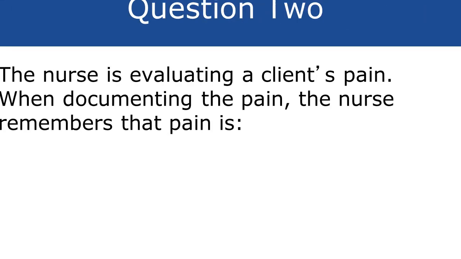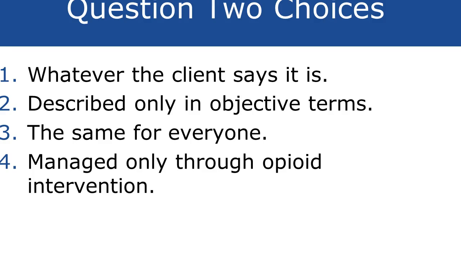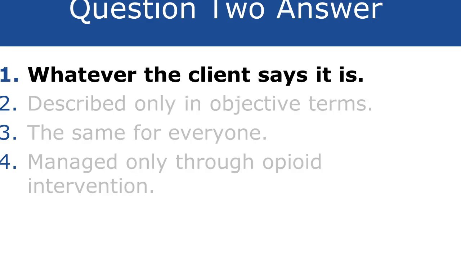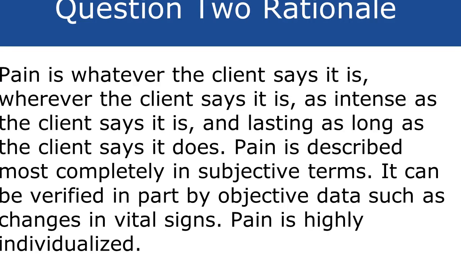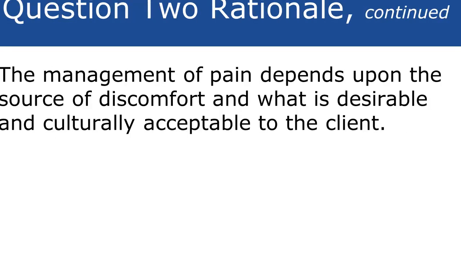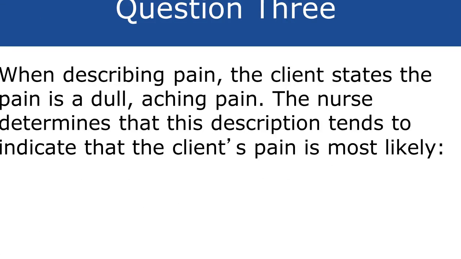Question 2, the nurse is evaluating a patient's pain. When documenting the pain, the nurse remembers that pain is... It's whatever the patient says it is. Very important statement. When describing pain, the patient states the pain is a dull, aching pain.